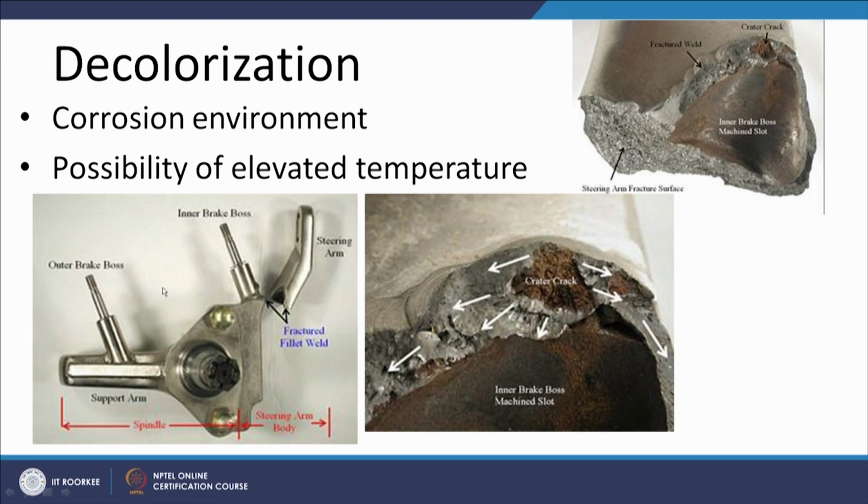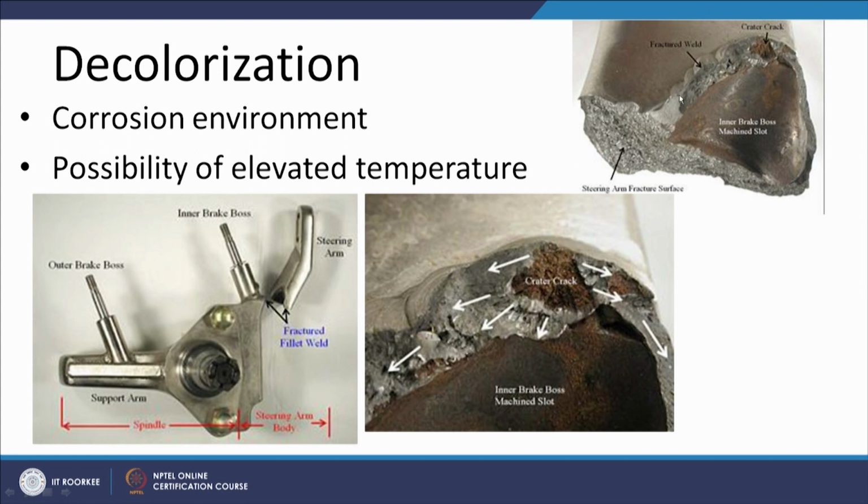Like, say, this is one particular example where the failure had taken place of the steering arms, which were welded, and it shows that in the weld joint there was a crater. The crater had a lot of corrosion features because of the different color.